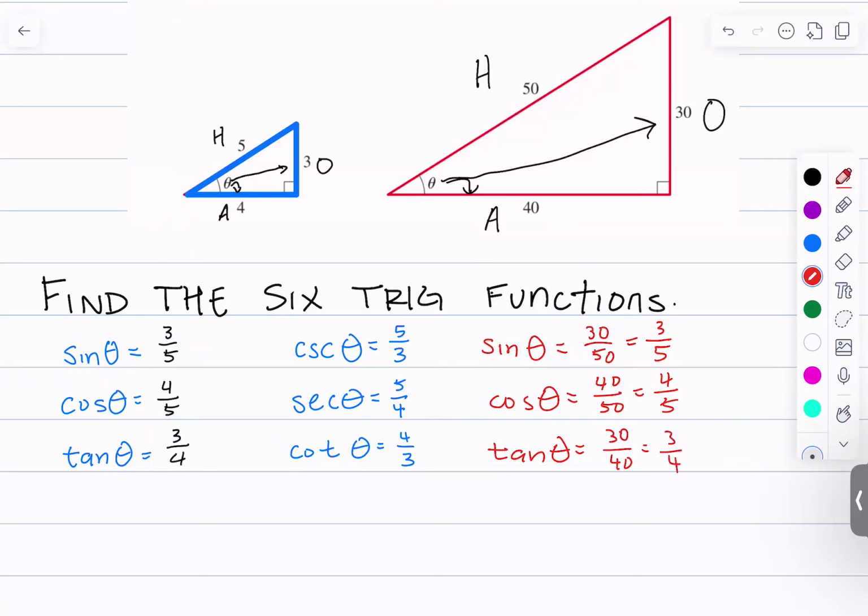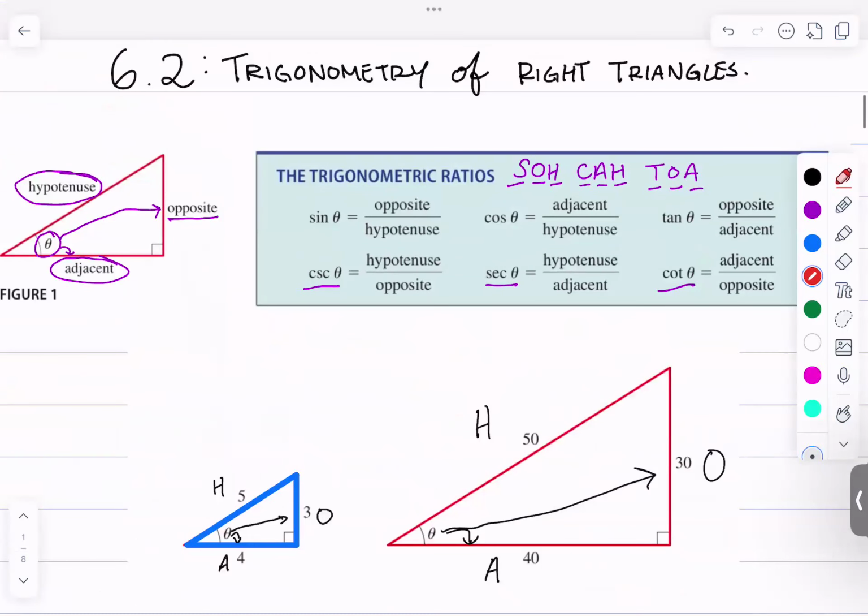Now, what do we notice? They're the same, right? The sine, cosine, tangent value is the same for both triangles. And the reason why is because all six trig functions are ratios. So it doesn't matter how big the triangle is or how small the triangle is. If the ratios are the same, then they have the same value.